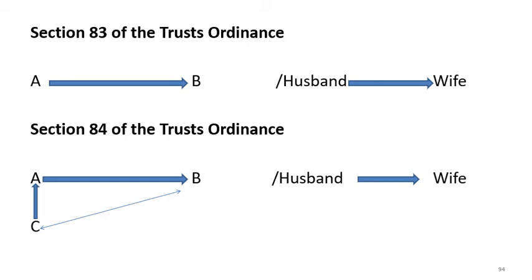The second, if the parties are in a loco parentis relationship, then the presumption of advancement arises. Then we will move to the other slide.